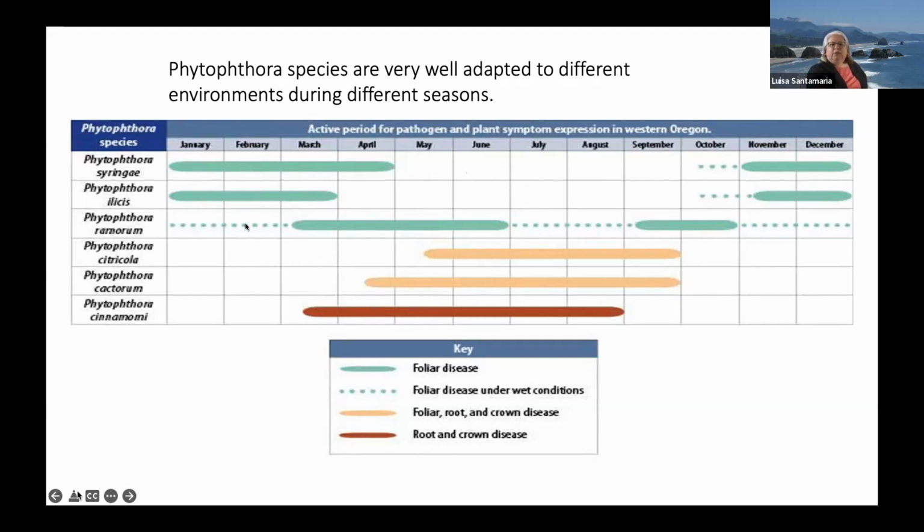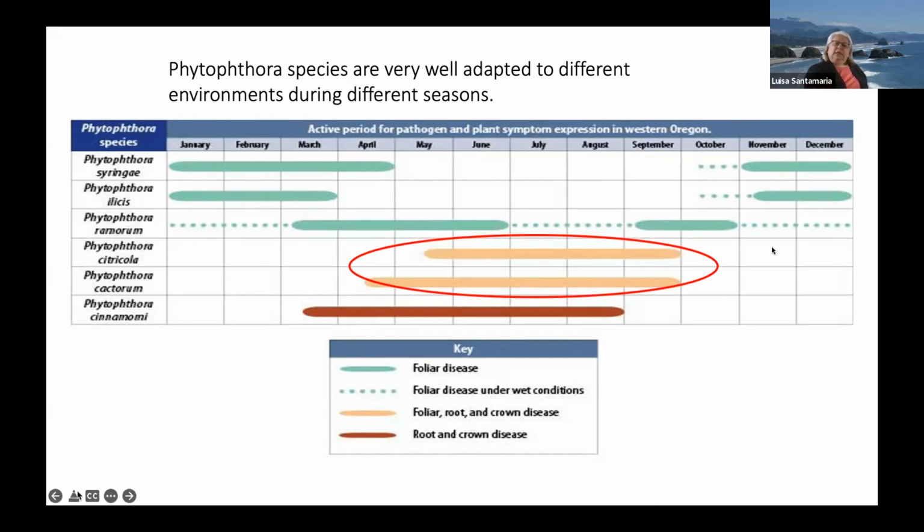And then we have ramorum, which could be seen any time of the year and isolated from foliar damage. And then we have these two other species that could cause foliar or root rot damage, or crown disease damage, that is citricola and cactorum in this case.